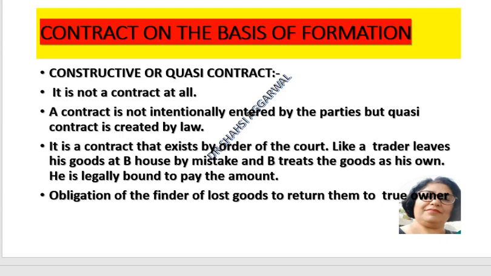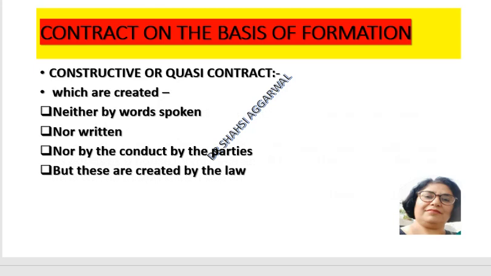So here the contract is formed by the law. Constructive or quasi contracts are created neither by words spoken nor written, nor by the conduct of the parties, but by the law.